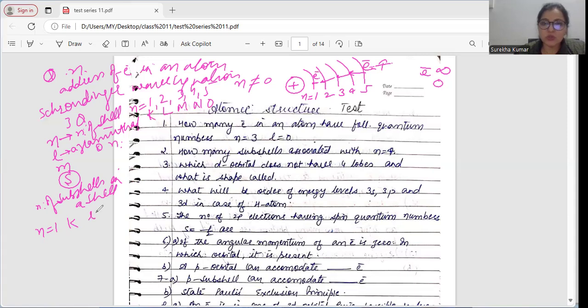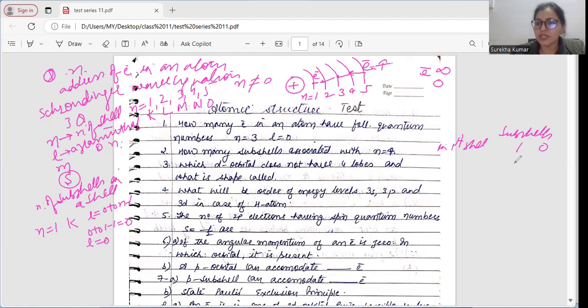L. The values of L are from 0 to n minus 1. As n equal to 1, L equal to 0 to n minus 1. So 0 to 1 minus 1 equal to 0. So the value of L is 0 only for first shell. Or we can say number of subshells in first shell. The number of subshells, how many are these? These are 1 only. The value is 0.